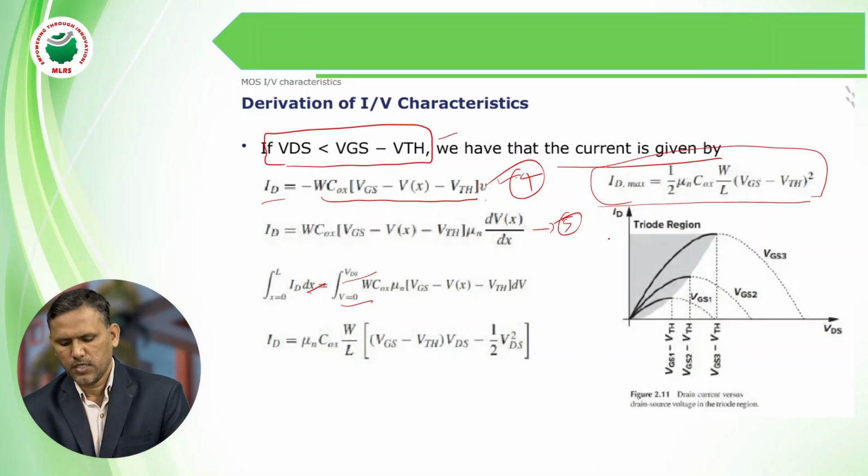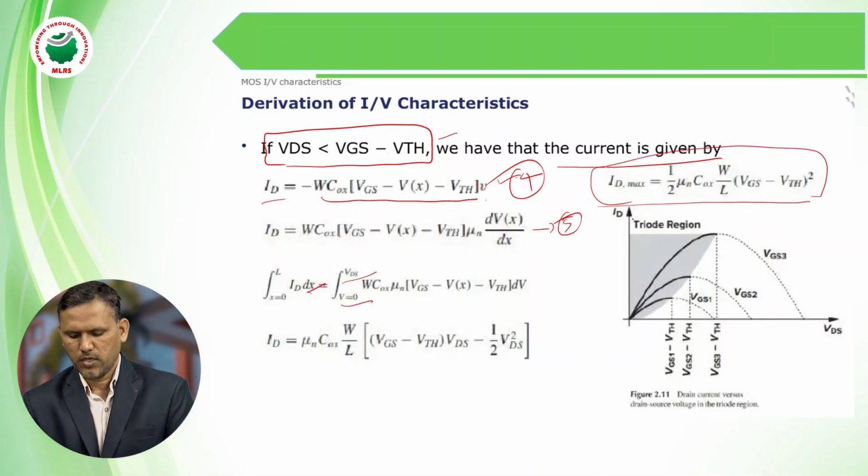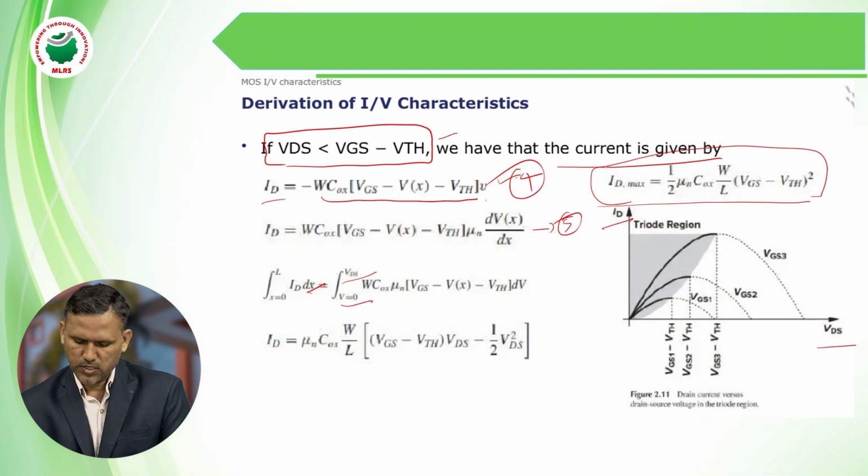So in this case, here plotted the graphical representation between ID and VDS. So here VGS1 minus VTH, this is one area, this is another representation. From here to here, this one indicates the deep triode region.